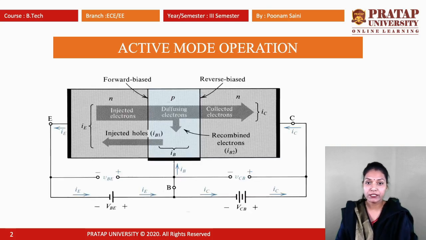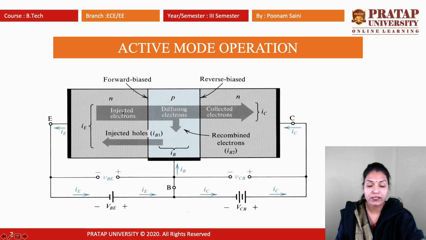BJT has an active mode of operation, in which one junction is forward biased and the other is reverse biased. The junction between the emitter and the base is forward biased, and the junction between the base and the collector is reverse biased. So this is NPN.